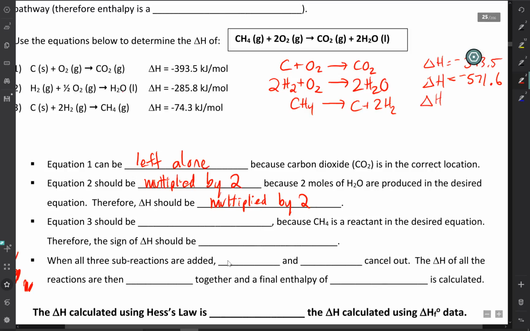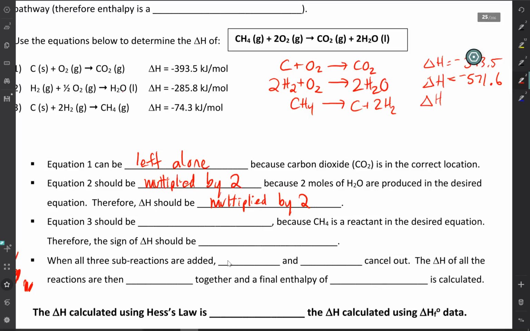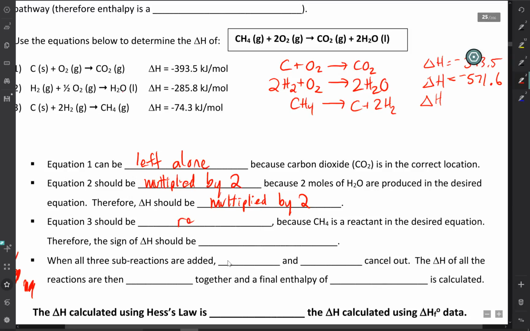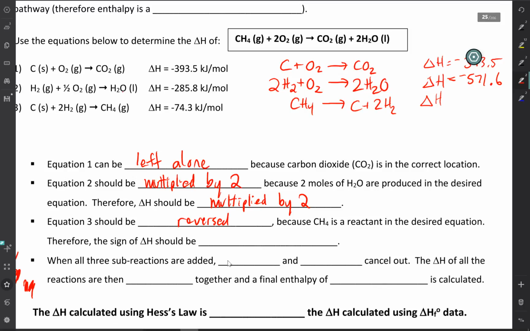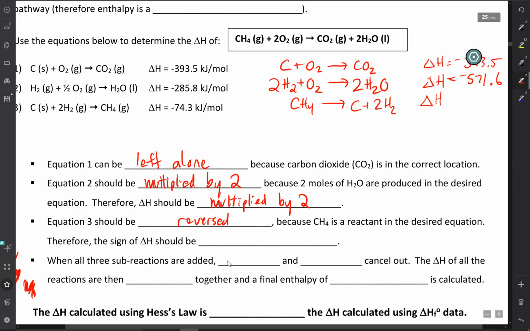So equation 3 should be reversed, because CH4 is a reactant in the desired equation, or the goal equation. Therefore the sign of delta H should be flipped. The number itself does not change, but the sign does. So I have positive 74.3 kilojoules.